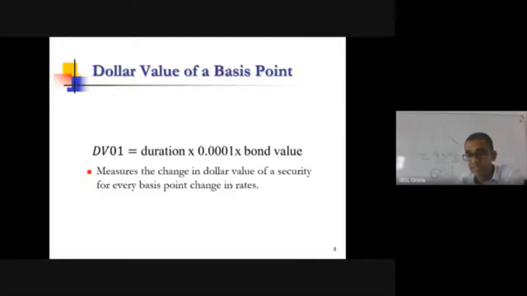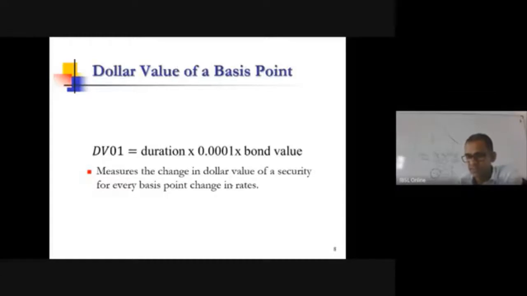This gives the change in price, but modified duration gave you the percentage change. Here you get the change in price. So for a 1 basis point change, what is the price change? But modified duration gives you percentage change for 100 basis point of yield change.